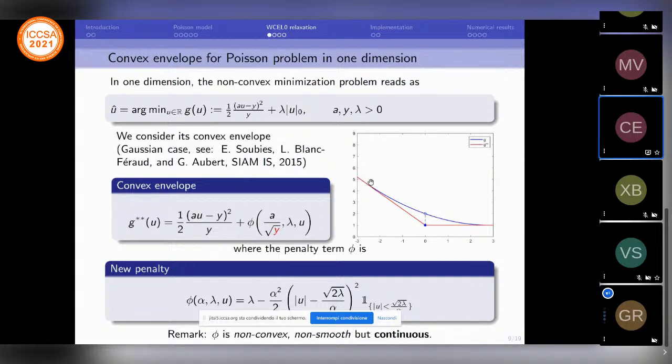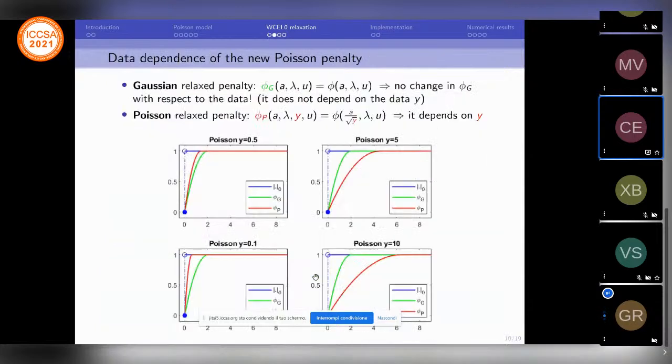Again, even if it is a convex envelope, the penalty is still non-convex. And the important fact in the Poisson case is that now the penalty depends on the data.